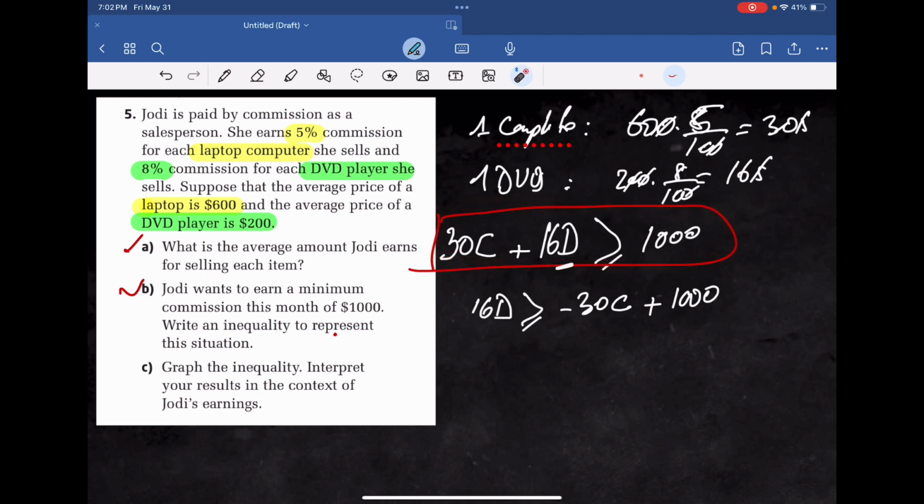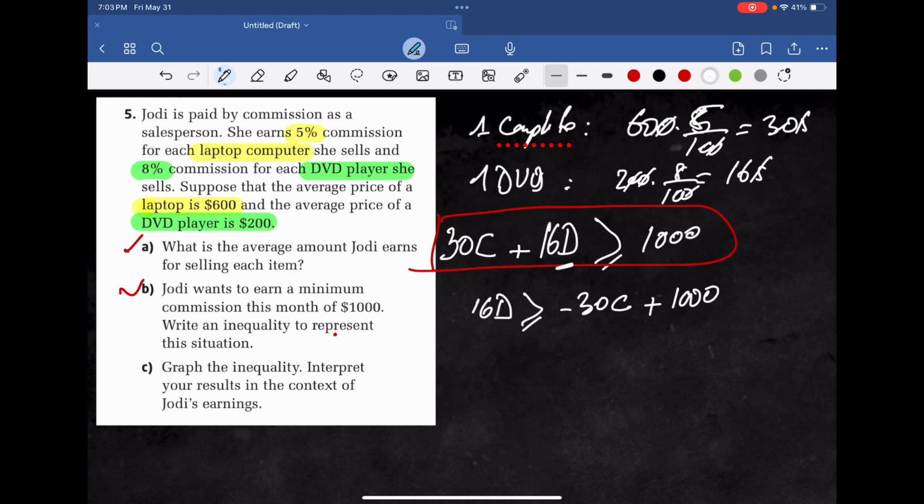So I am supposing d is y and the computer is x, and I just write it as equal. So minus 30c on both sides gives us this. Good.